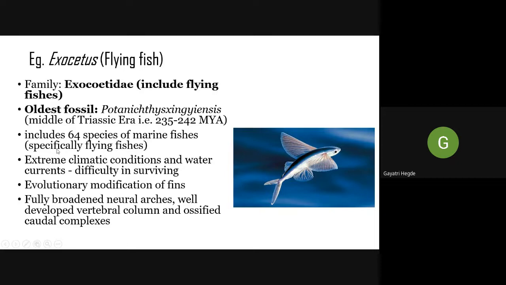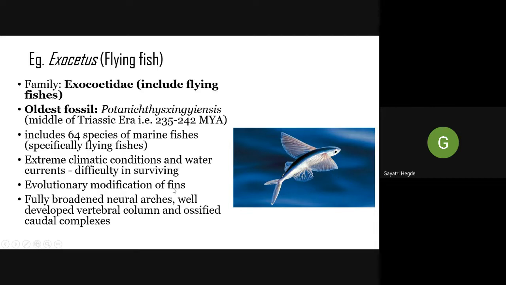Due to extreme climatic conditions and water currents together, it made survival difficult for these fishes in their normal habitat, due to which, through evolution, we have seen modifications in their fins.